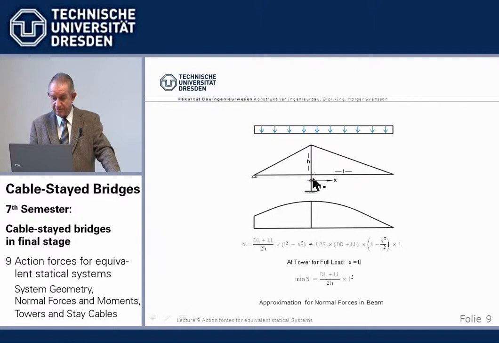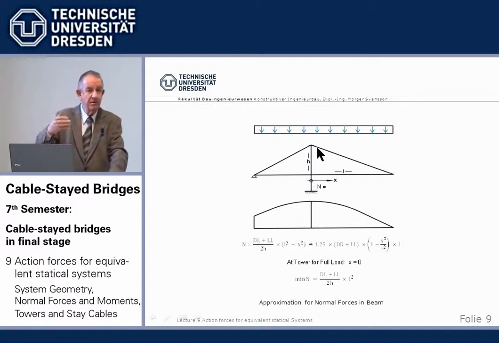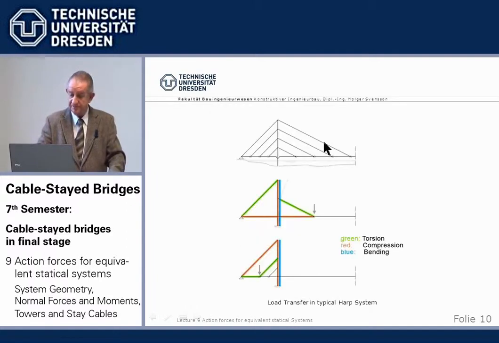The biggest normal force, mean N in compression, is dead load plus live load divided by twice the tower height above the beam times L square. So with this simple formula, we can calculate the biggest normal force in the beam from full load, which is one force we need for sizing.